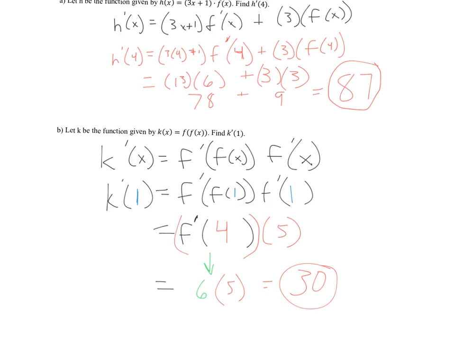So the derivative of f of f of x is f prime of f of x times the derivative of the inside. Plug in 1 for x. So I've got f prime of f of 1 times f prime of 1. Well, f of 1 is 4, so I've got f prime of 4 times f prime of 1 is 5.